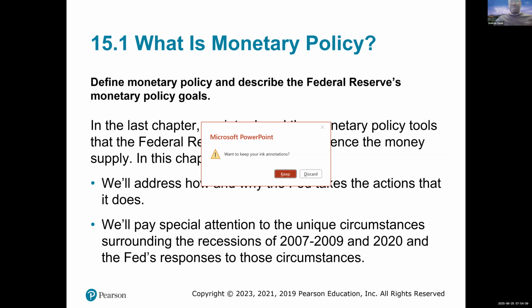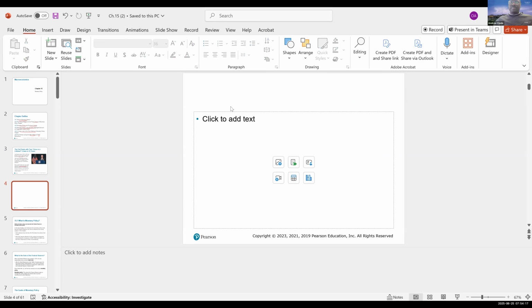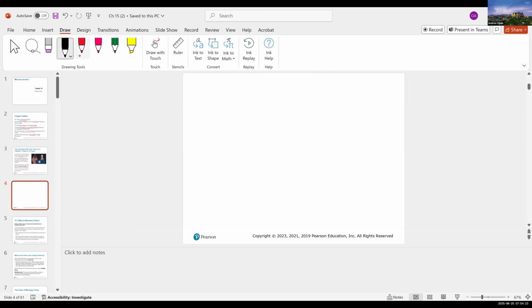So let me define it, then we can talk a little bit more about it. Okay. So when somebody asks you to define, say, what is monetary policy?